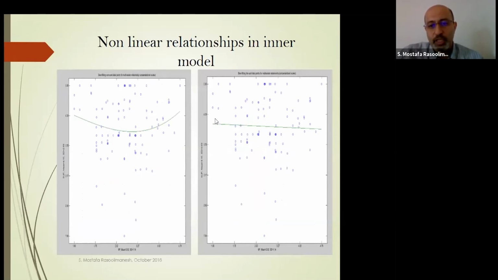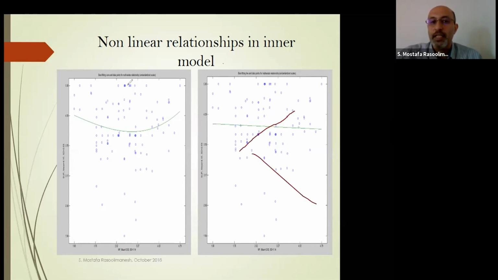Here, I actually put some plots from SmartPLS. In SmartPLS, I will show you the relationship between variables can also be non-linear. This is linear, and we discussed before multiple regression, linear regression. So if the relationship is something like this, it is linear. But the relationship can also be non-linear.